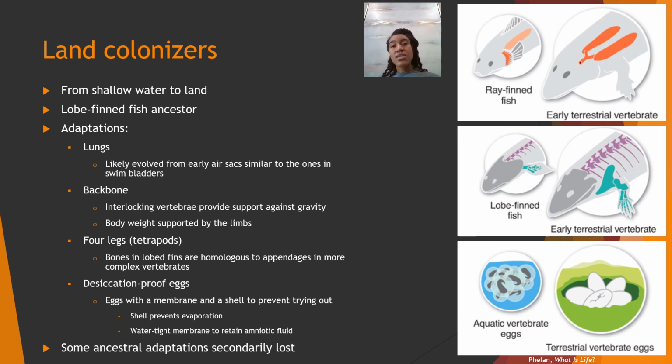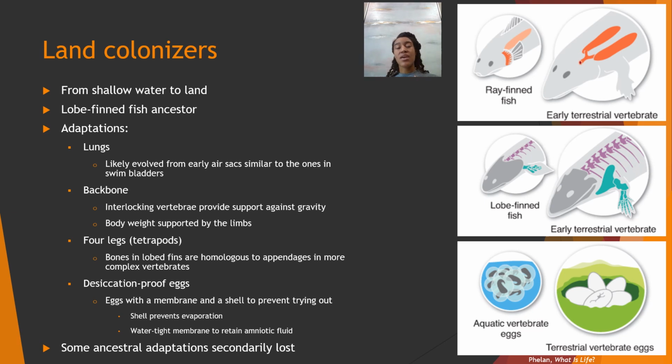And some of these adaptations have since been lost in current modern-day terrestrial organisms. So we can see that in snakes and in whales. So snakes and whales don't have 4 workable limbs, right? In snakes, you don't see any legs. They're not tetrapods.